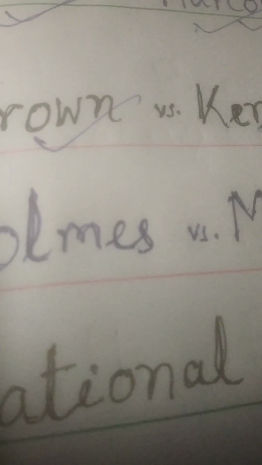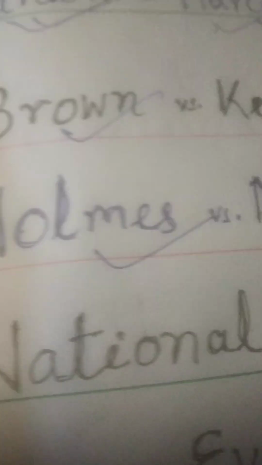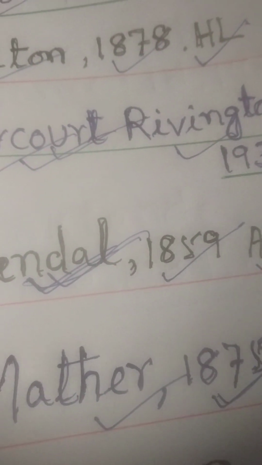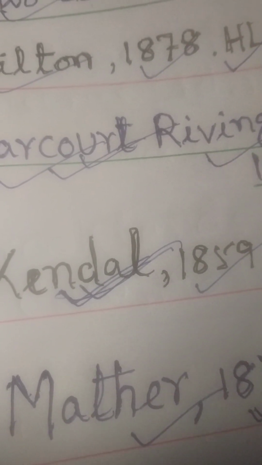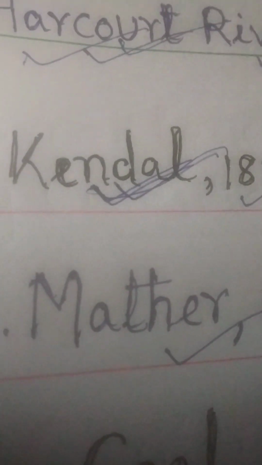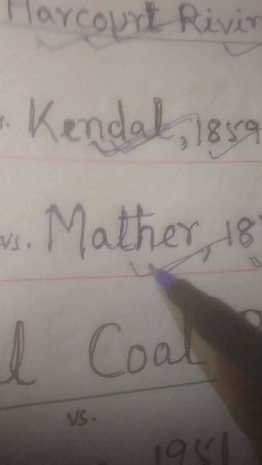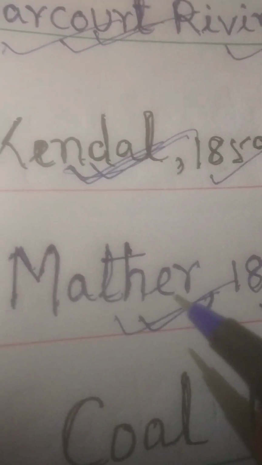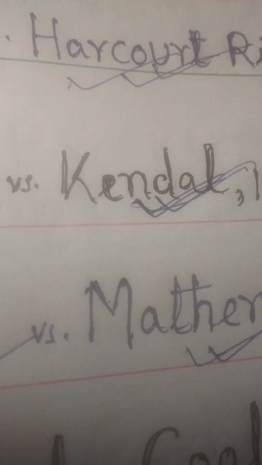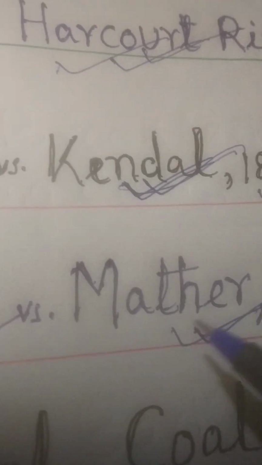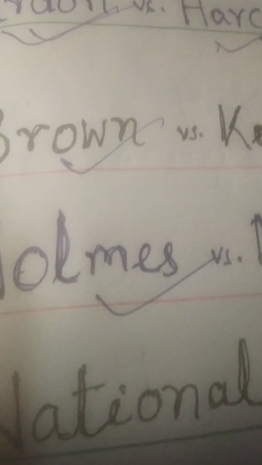Our next important leading case is Holmes versus Mather, a case of 1875, decided by the House of Lords, regarding injury by runaway horses. The defendant took every care and every measure to keep his horses under control, but they became unrestful and ran away from his control, and caused certain damage to the plaintiff.